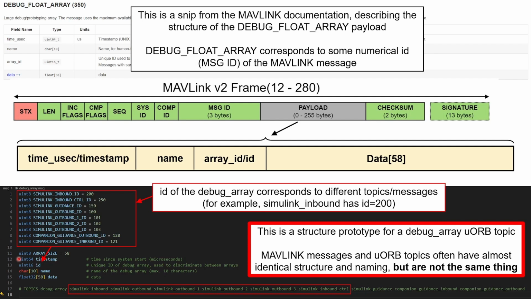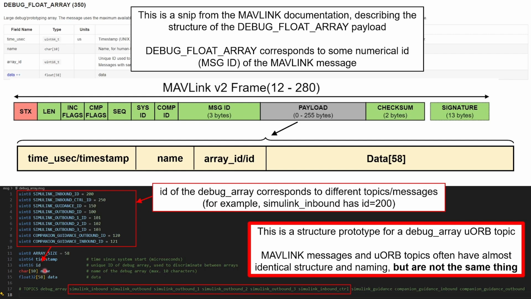So you have your stamp, you have your ID of the message, you have the name of the message. In this case, this name refers to the debug array message name, or how I should interpret, or whatever you choose to interpret your data.